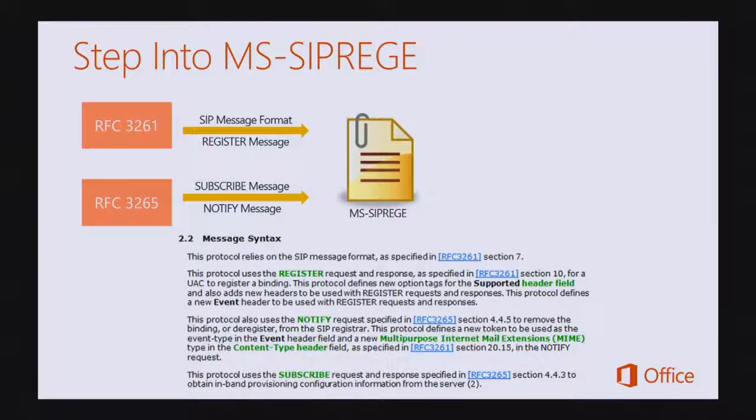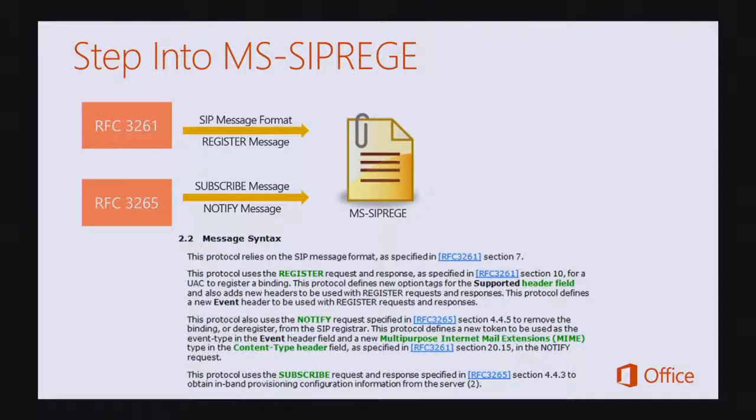So we need to subscribe to the other users' information. And we also need the server to let us know when those statuses change, so we also need the notify message. So this is the basic function of this protocol.